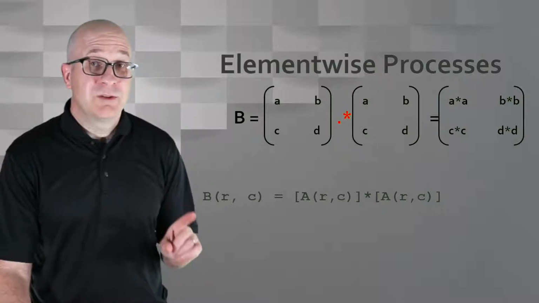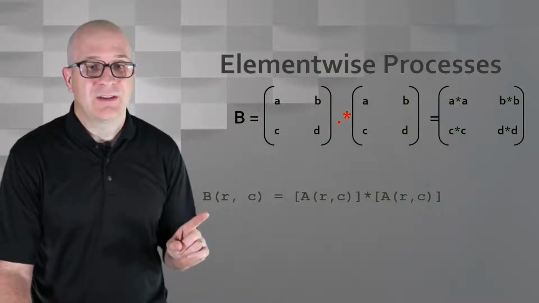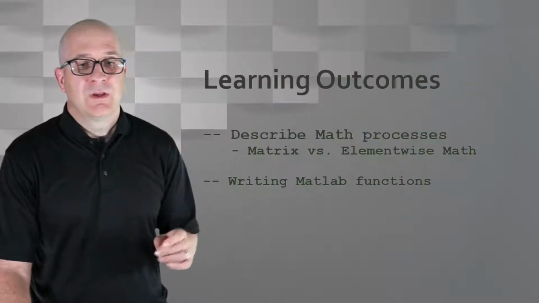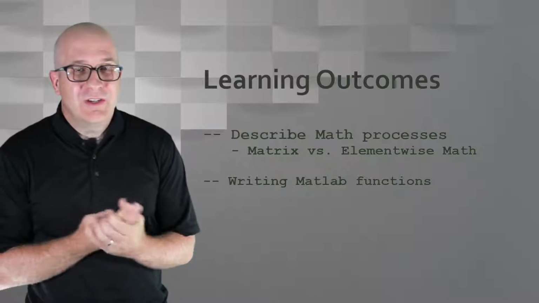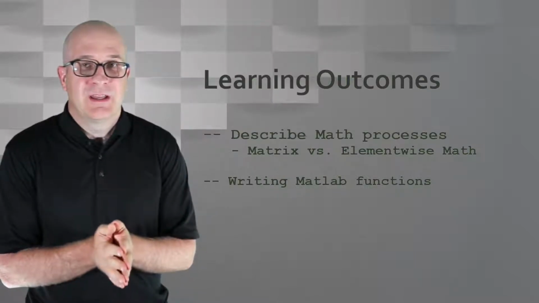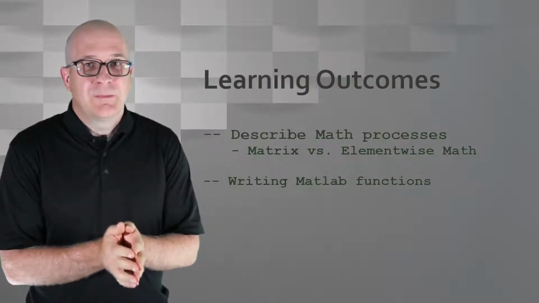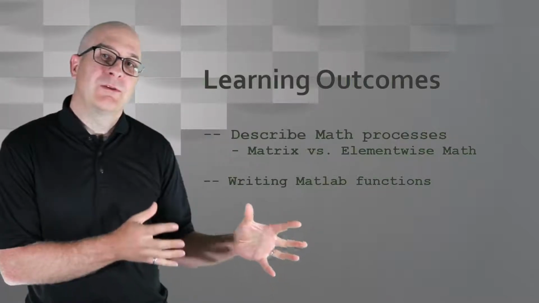So we're going to move forward and get a little bit deeper. What we're going to do next is take a look at writing MATLAB functions, an idea that was built into what we've already done today.